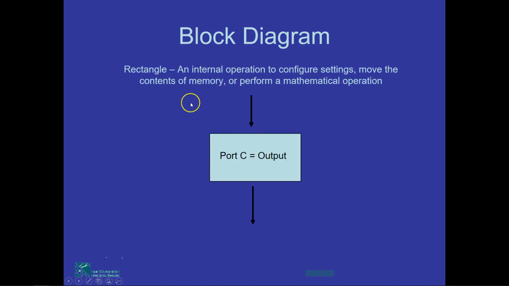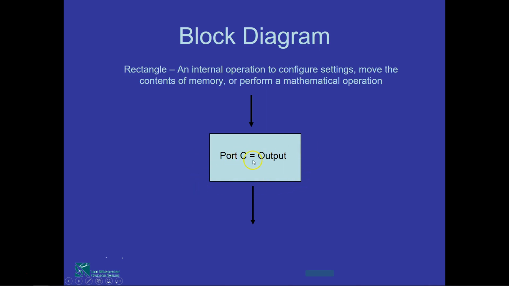Let's see another one. This is the rectangle box, and it is an internal operation to configure settings and move the content of memory or perform a mathematical operation. So this box represents arithmetic instructions. All arithmetic processes such as adding, subtraction, multiplication, division are indicated by the action or process symbol.